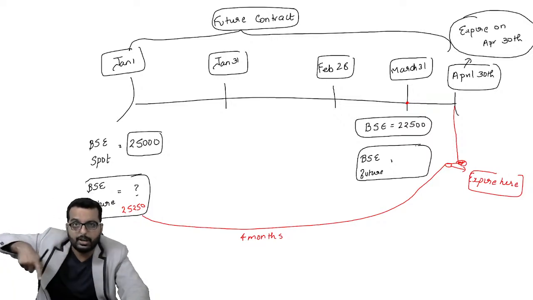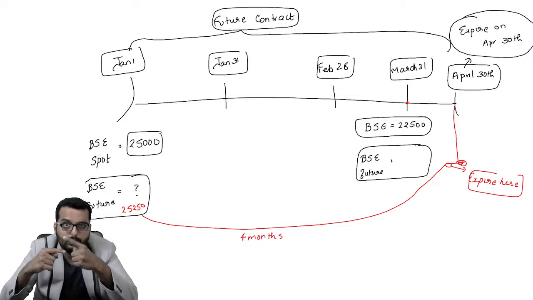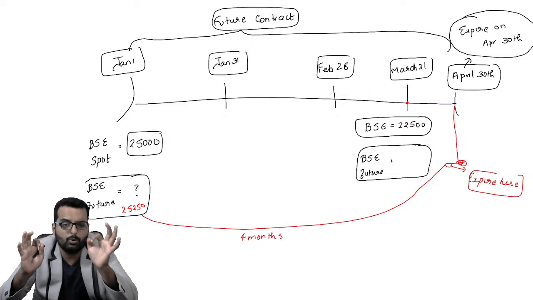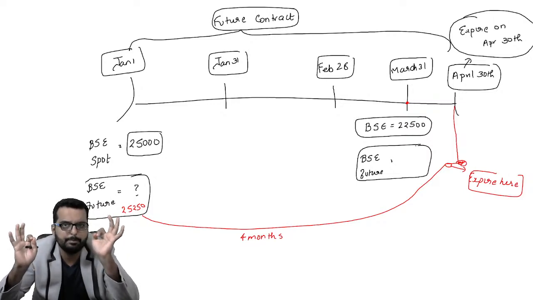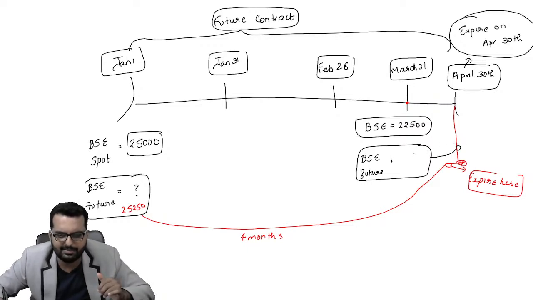January, I have to enter into 4 month forward to bring it to 30th April. Now to cancel that contract on March 31st, I should be going with how many months forward? Come on, think and tell me. From here, I should take it this much forward. So can I say, isn't that a 1 month forward contract? So both will come at one point and it will get nullified.